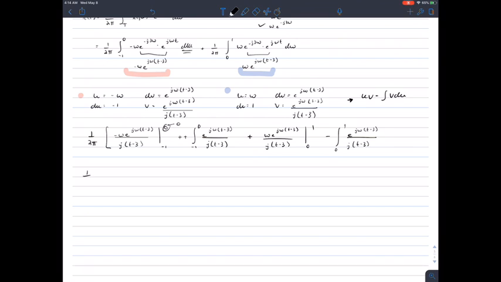So for each 1 over 2 pi, it's going to be positive, negative, negative 1, positive, because you're plugging in for omega. Okay, e to the j negative 1 times t minus 3.